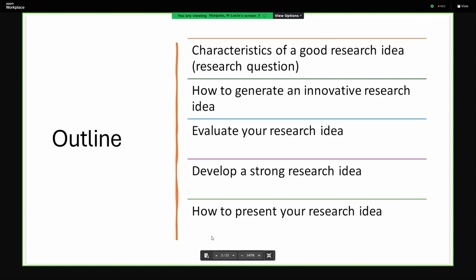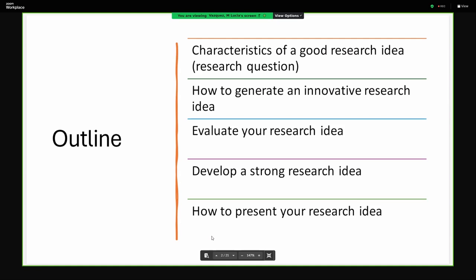Here's an outline. We're going to start with the characteristics of a good research idea, then the process to generate an innovative research idea. Once we have that, we need to evaluate. We might have many ideas and need to select a few of them.